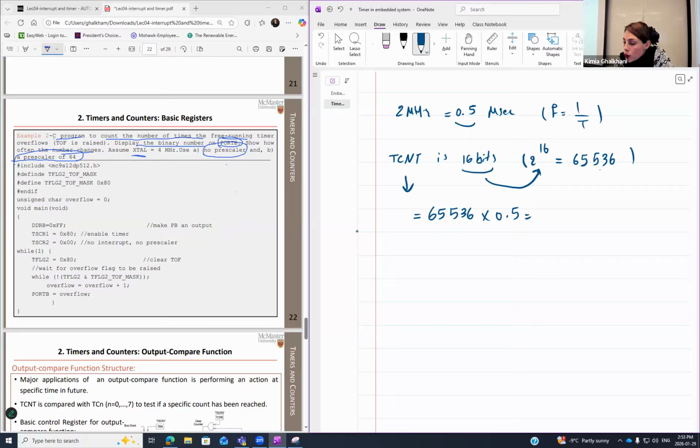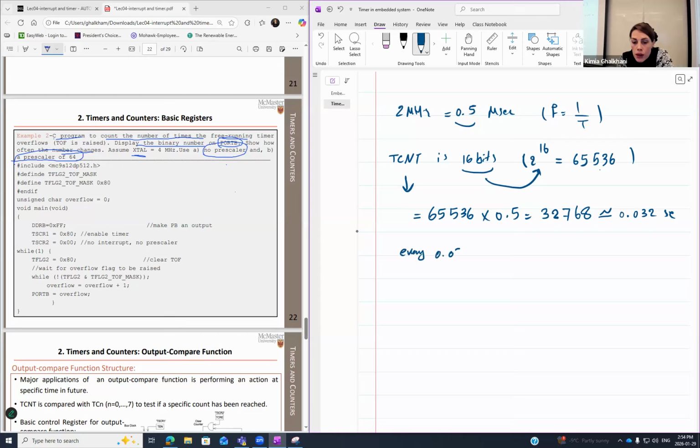If you calculate it, it becomes almost 0.03 second, which in microseconds is 32,768. In seconds, I'm going to write down approximately 0.03. It means every 0.03 second, port B will be updated.